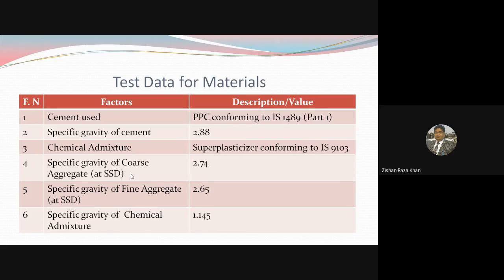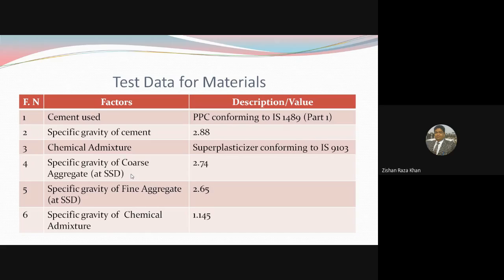I think you all have seen coarse sand in the rainy season. If you take wet sand in your hand, your hand will get wet. So some water is entrapped between the particles of the aggregate and is freely available.